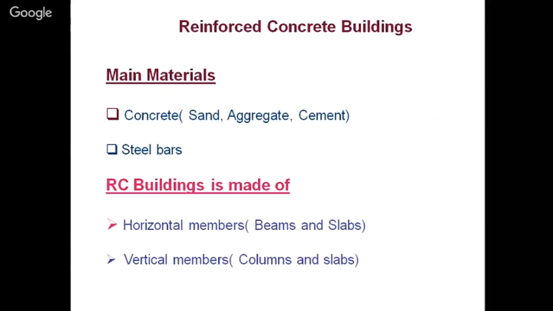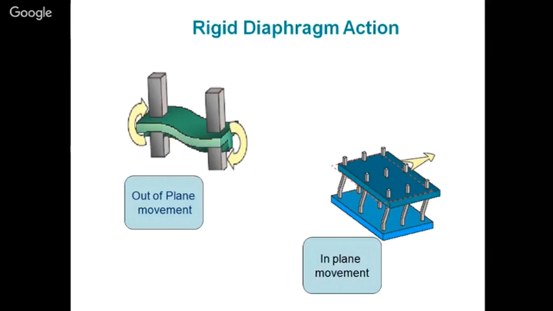RC building is made of horizontal members, that is beams and slabs, and vertical members, that is columns and again slabs. Rigid diaphragm action. There are two things, what actually is the behavior, and the second thing is what we assume the behavior to be in our manual calculations while we develop the stiffness matrix or flexibility matrices of a structure.